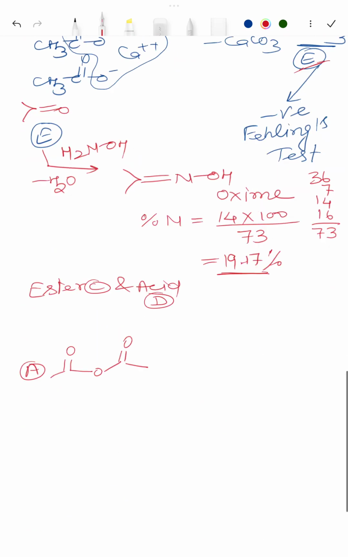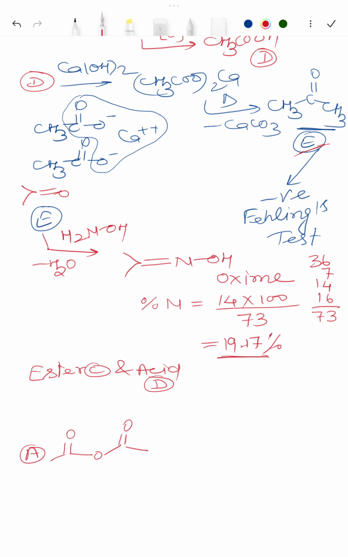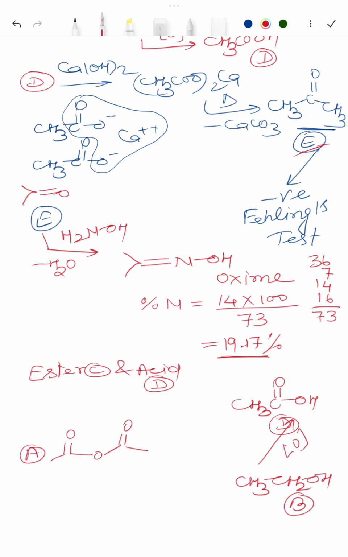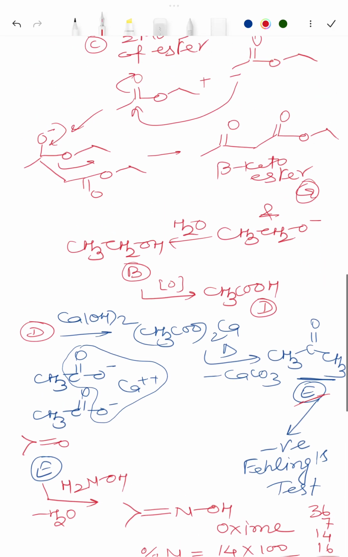Acid D is CH3COOH, and this is prepared by the oxidation of B. So what can this compound be? CH3CH2OH. When you oxidize this alcohol B, you form compound D.